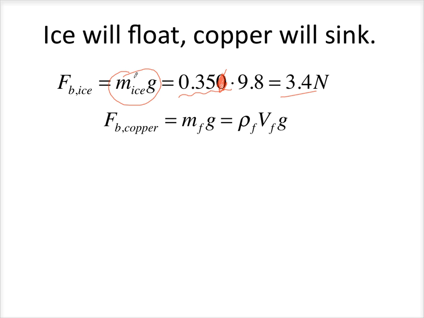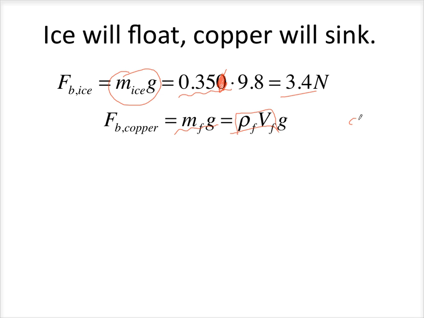Now, with copper, it's going to be different. Since copper is not floating, buoyant force can only be found by Archimedes' principle. So it's going to be the mass of the fluid times g. Mass of the fluid is density of the fluid times volume of the fluid.